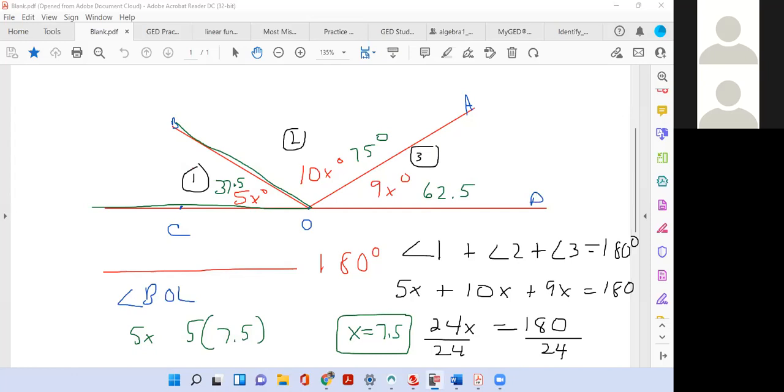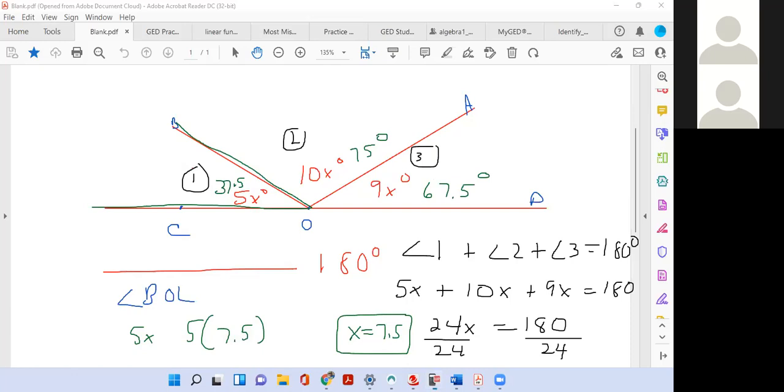So we're just gonna put it in the calculator. 9 times 7.5. I don't know why I got that wrong. It should be 67.5. Yep. Let me erase that. So this angle will be 67.5. This would be 75. This would be 37.5.